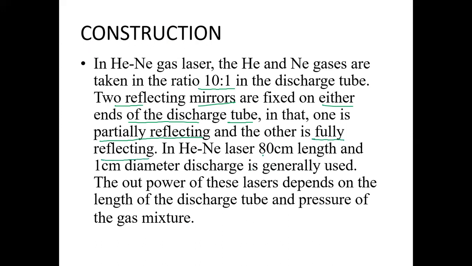In helium neon laser, a discharge tube of 80 centimeter length and 1 centimeter diameter is generally used. The output power of these lasers depends on the length of the discharge tube. That means the output power of the helium neon gas laser depends on the dimensions of the discharge tube and also the pressure of the gas mixture.